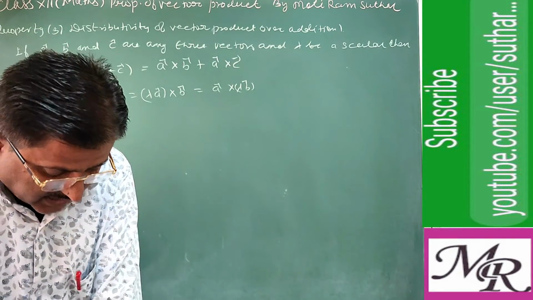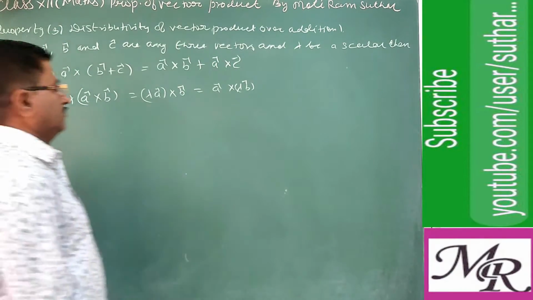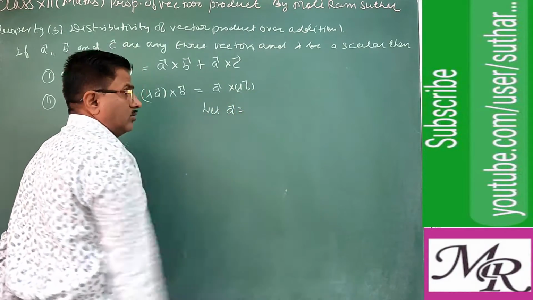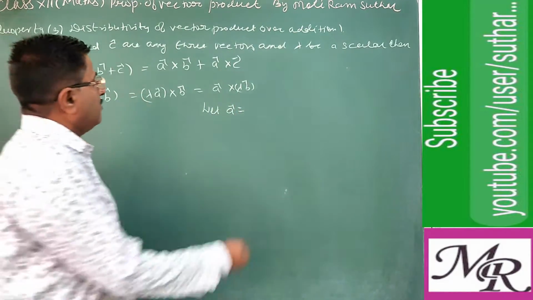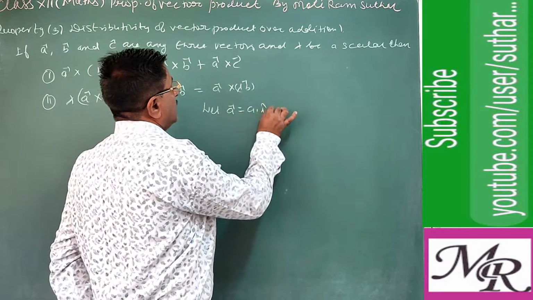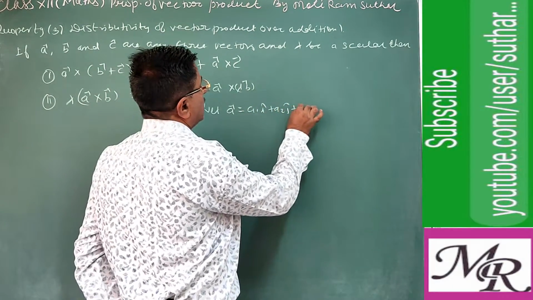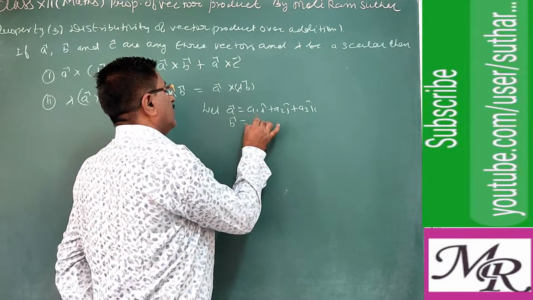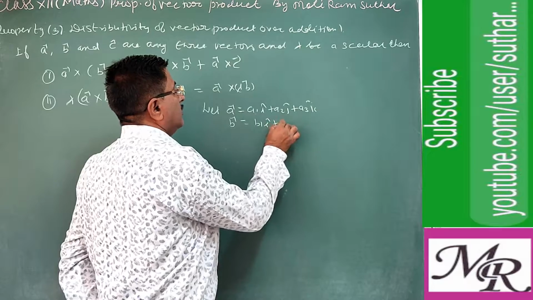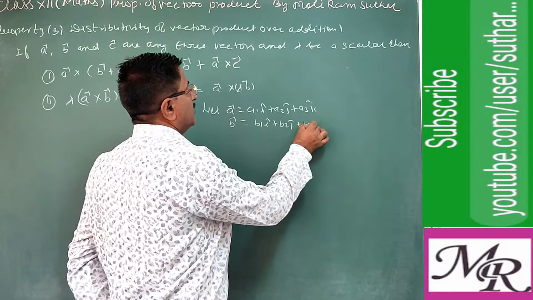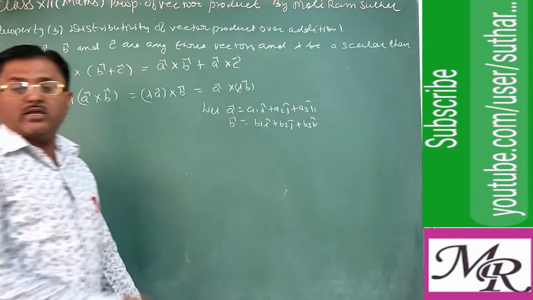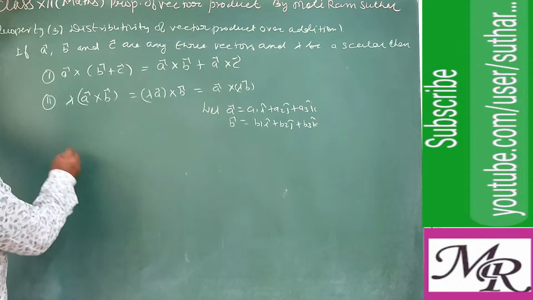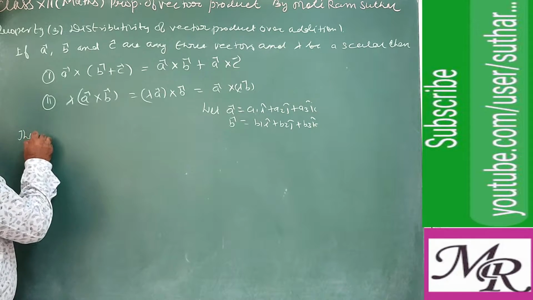Now if vectors are given in component form, next we see that vector A equals A1 i plus A2 j plus A3 k, and vector B equals B1 i plus B2 j plus B3 k. These vectors are given in component form and we have to find their cross product.